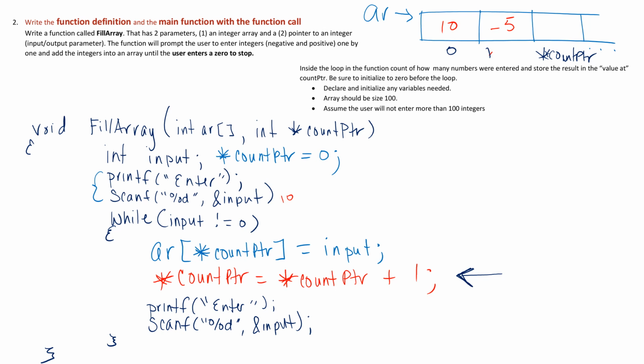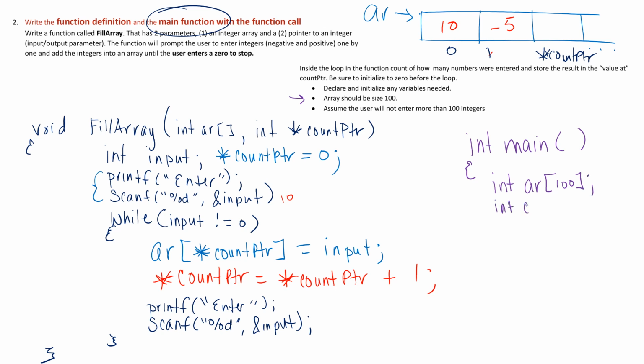You're also going to need to make the main function with the function call. So we're going to do that over here. Int main. All right, the array should be size 100. And then we're going to have to declare a count. At the beginning, we don't have anything in our array.